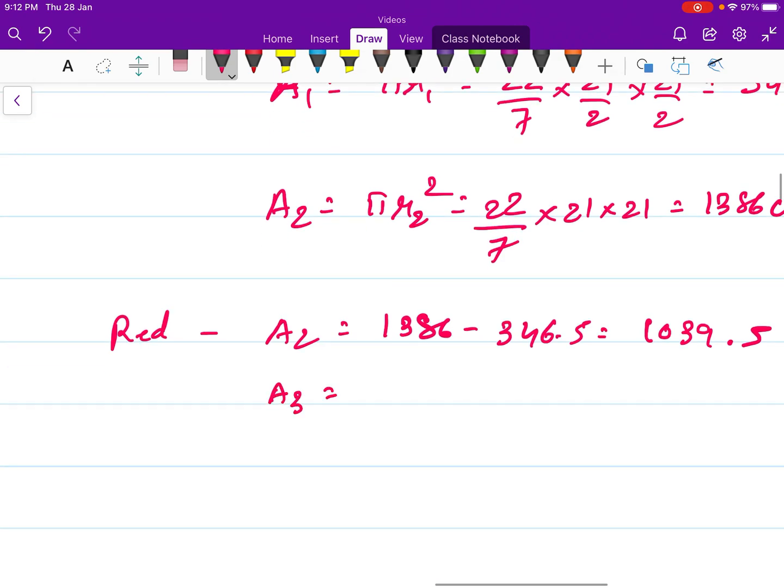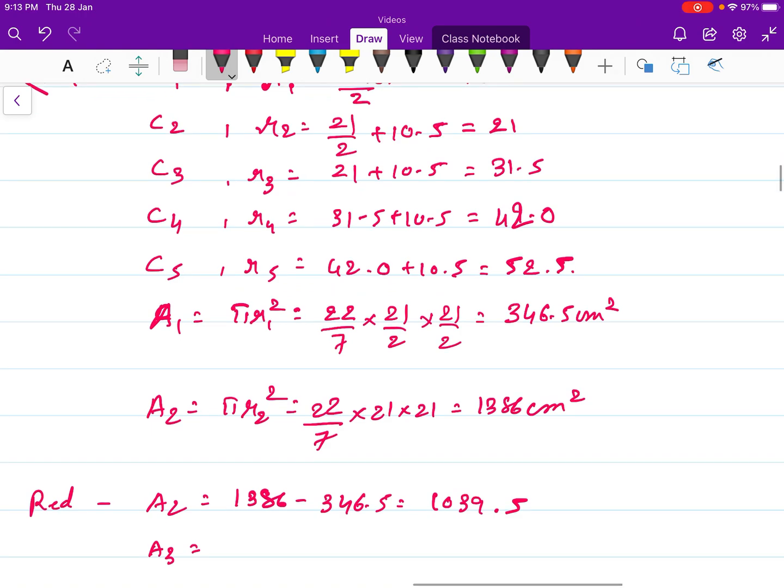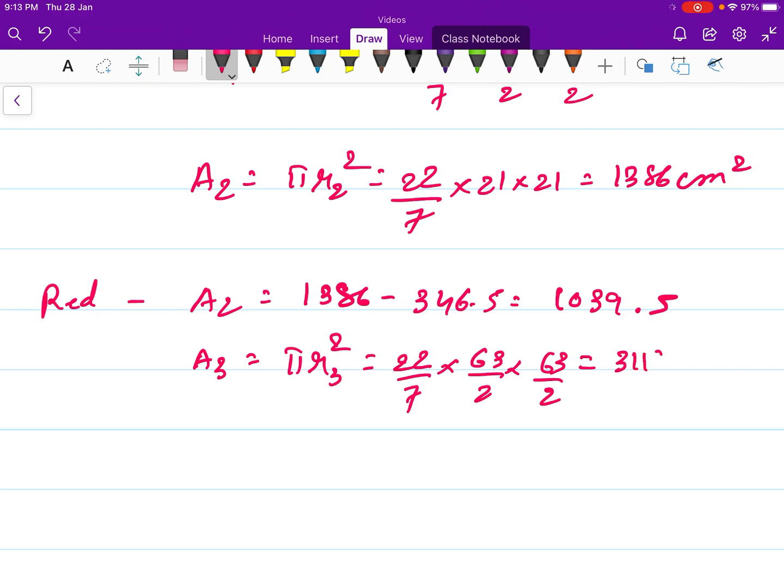Likewise, the area of A3, that is the blue region, will be pi r3 square, which is equal to 22 upon 7 into 63 upon 2 into 63 upon 2, which is equal to 3118.5.